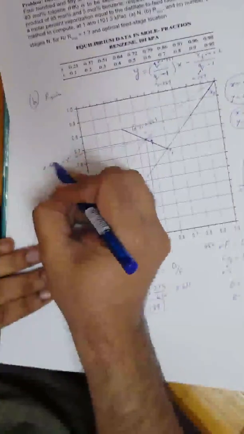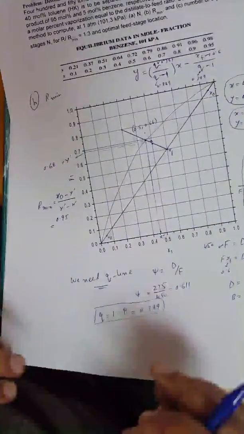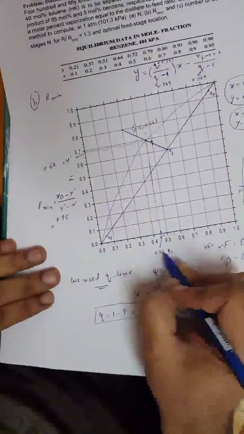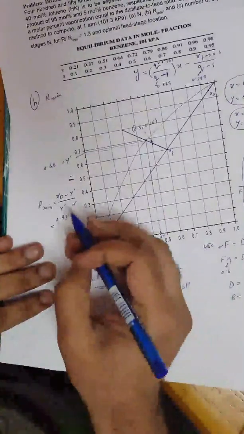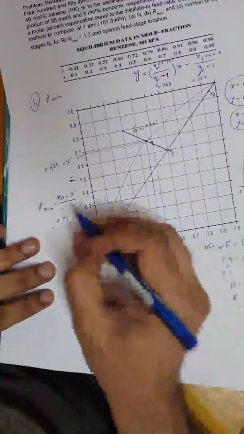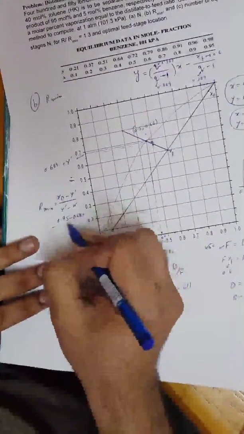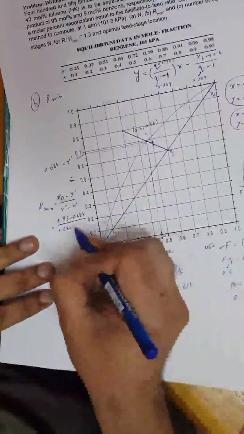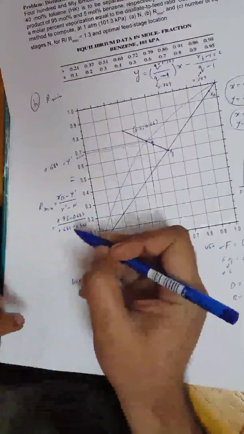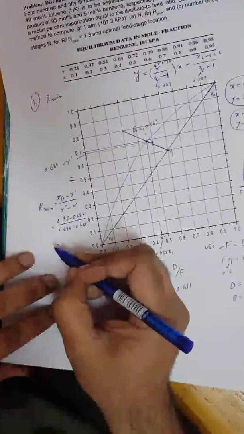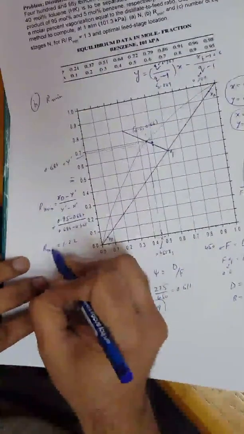The bottom one is 0.46. I have the exact values actually: 0.684 and 0.465. So R minimum equals (0.95 minus 0.684) over (0.684 minus 0.465). If you calculate this, it comes out to be 1.22.